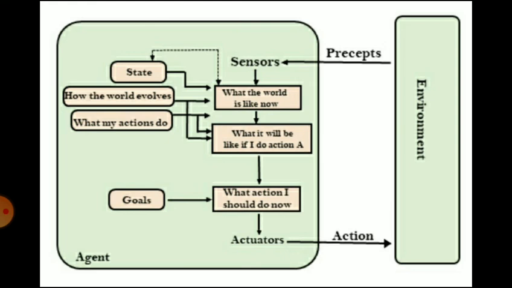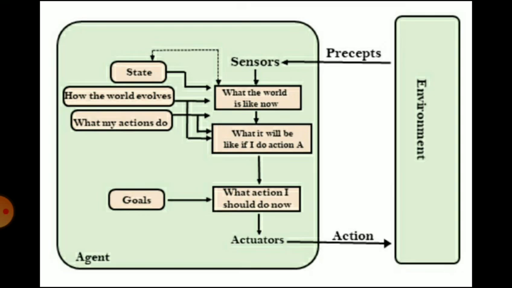Then at the bottom you can see what action I should do now, and it is connected to the goals. So that action will be taken by searching and planning to achieve the goal. The goal is fixed, but it will be according to the current as well as the past history, and then the actuators will take decisions.